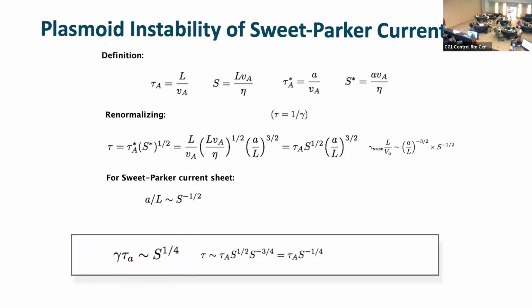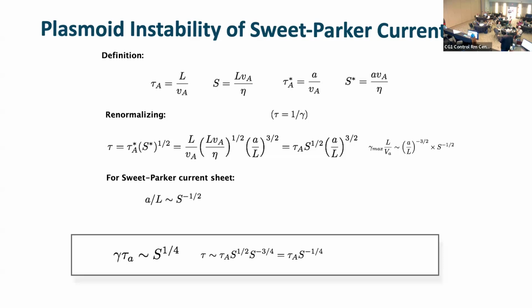Now, if you look at this, you start getting queasy if you think about what it means, right? Why? Because this is now telling you that if I say I want my resistivity to get smaller and smaller, what happens to S? S goes up.